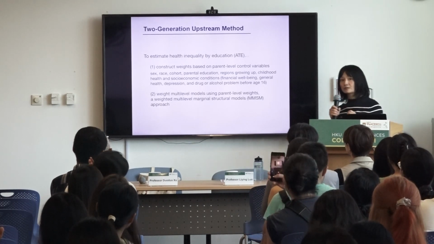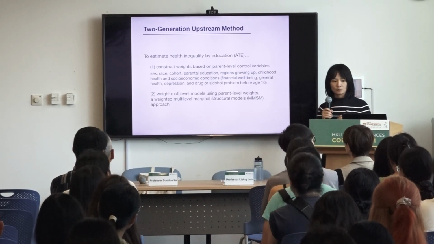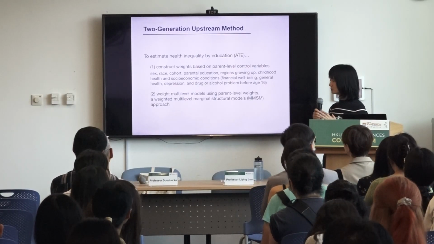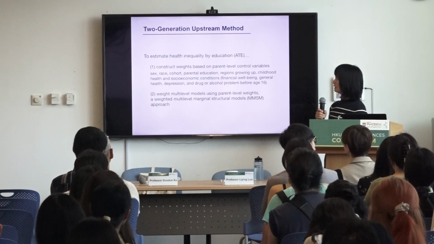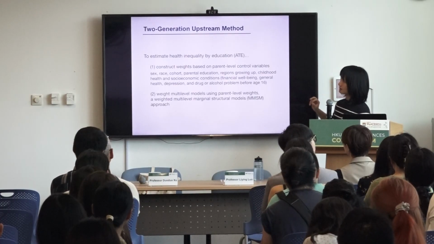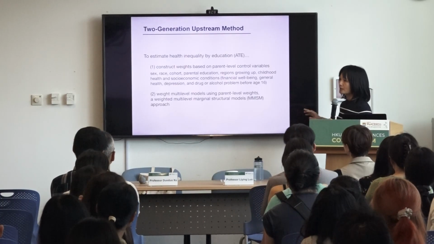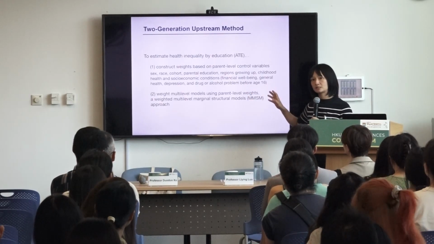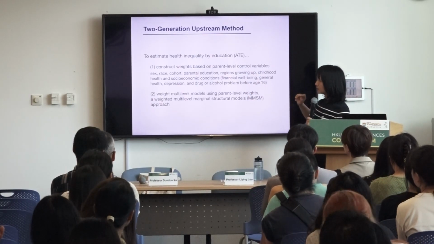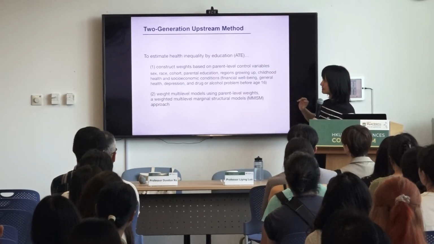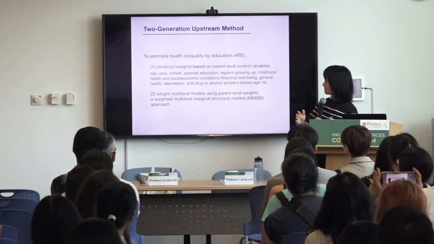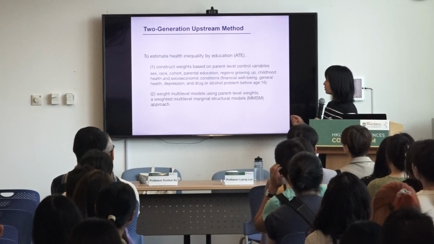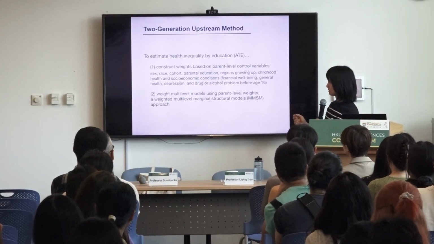To estimate these two quantities, we follow a two-step weighted marginal structural model approach. The first step is to construct weights based on pre-education covariates for parents. This includes their sex, race, birth cohorts, their parents' education, the region they grew up in, and also some childhood health and socioeconomic conditions.